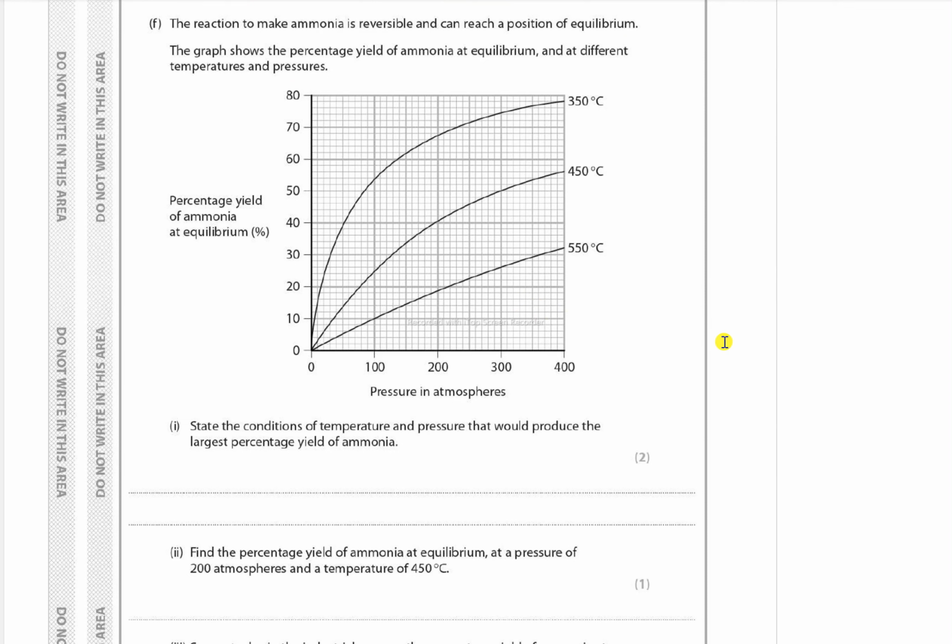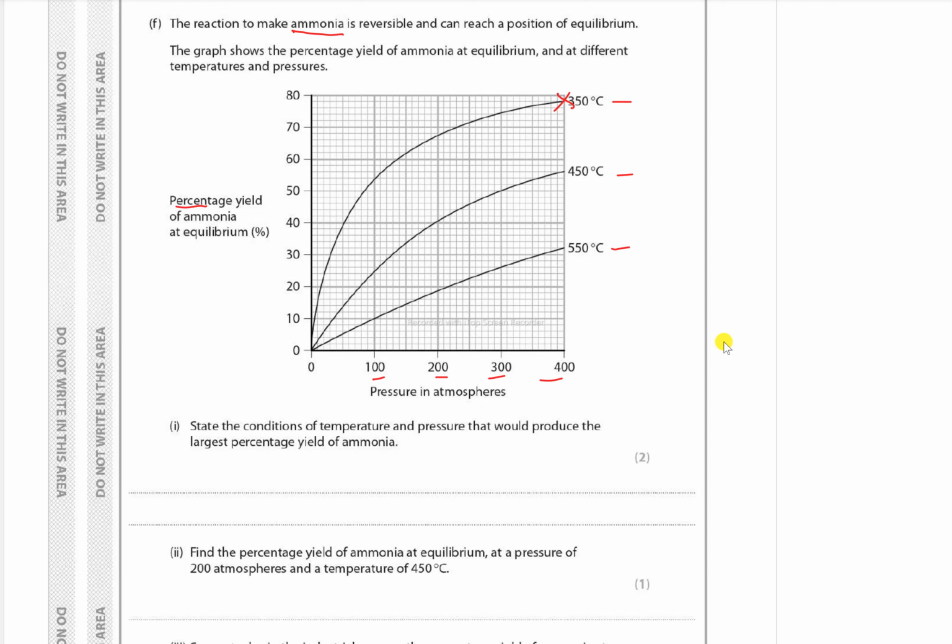Here you've got ammonia being produced at different temperatures, and these are different pressures, atmospheric pressures. State the conditions of temperature and pressure that would produce the largest percentage yield. It would be 400, 350. So here, and that's your percentage yield.